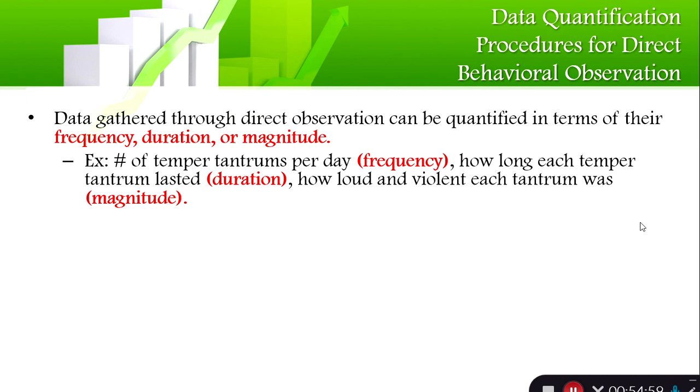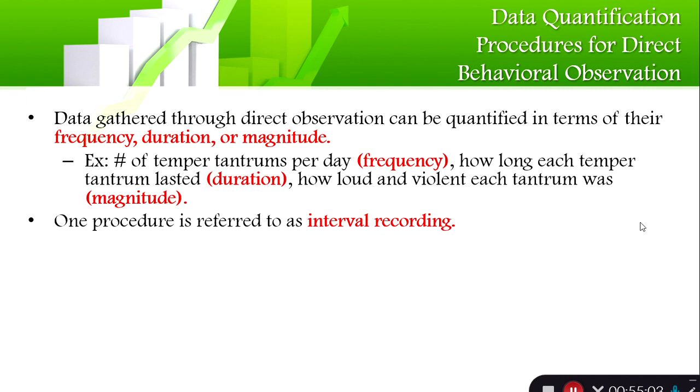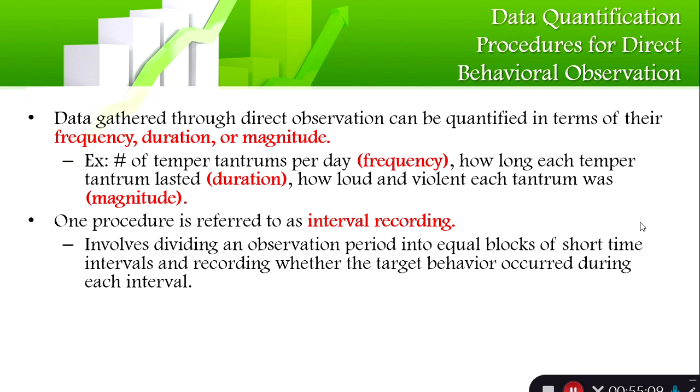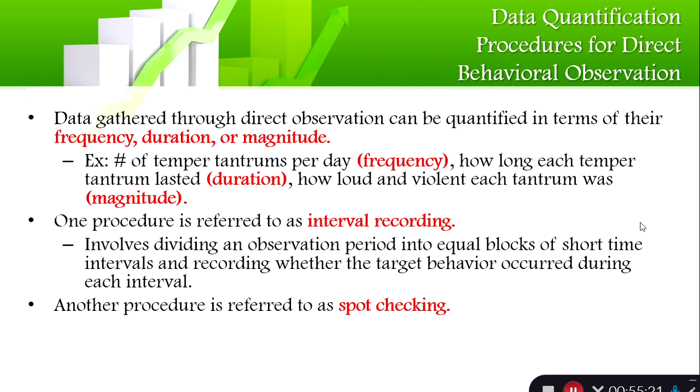And we can observe how loud and violent each tantrum was, which would be magnitude. One procedure is referred to in observation as interval recording. This involves dividing an observation period into equal blocks of short time intervals and recording whether the target behavior occurred during each interval. Another procedure is referred to as spot checking.